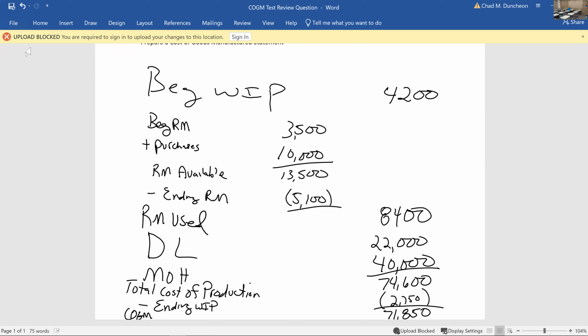You're not going to have to do this on your test, but you might have a multiple choice with this kind of information. What is our cost of goods sold in this problem? If you're told what your cost of goods manufactured is, and you're given all this other information, how would you find it?